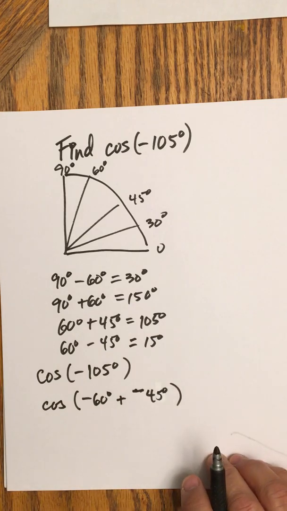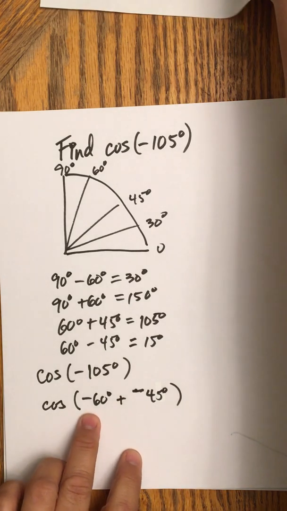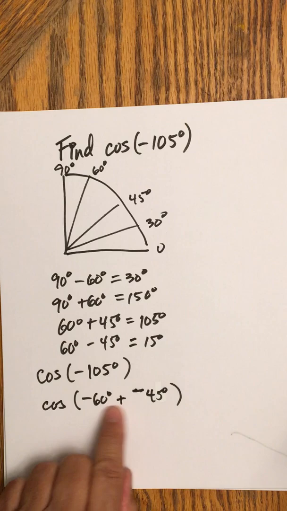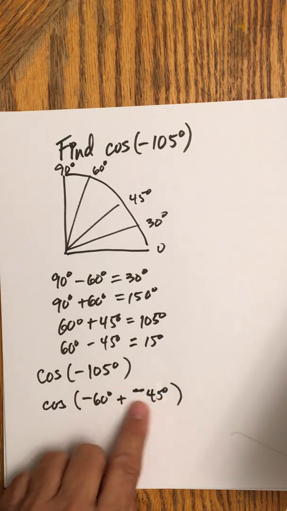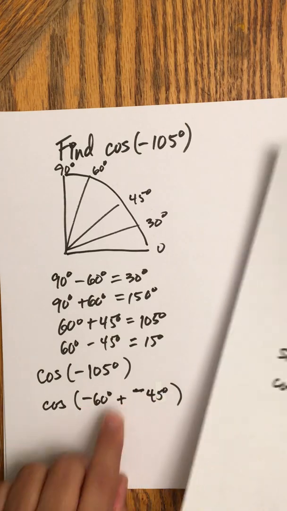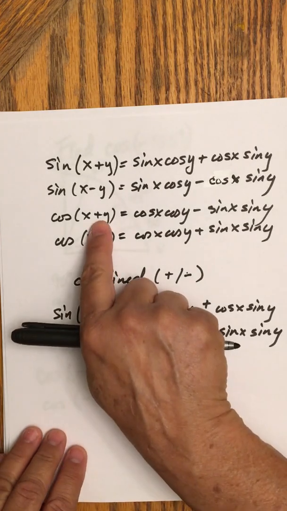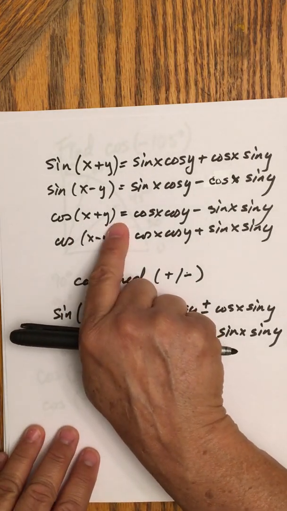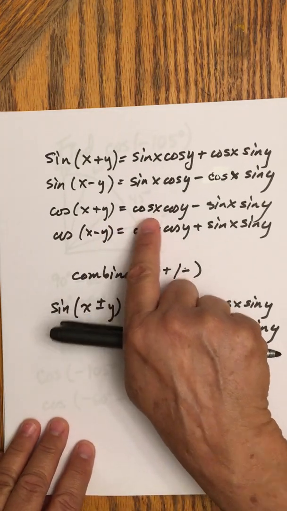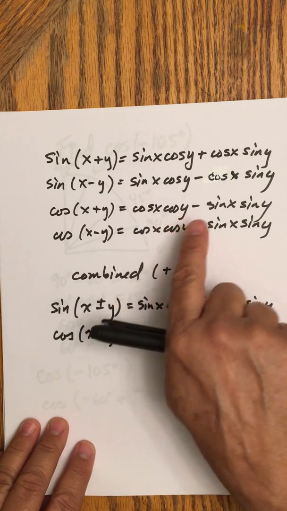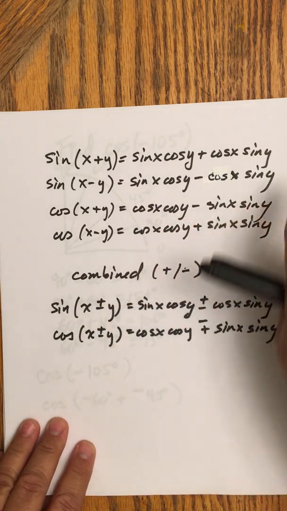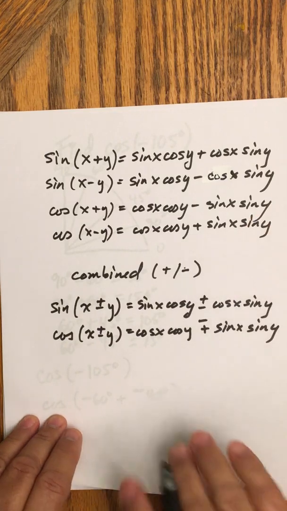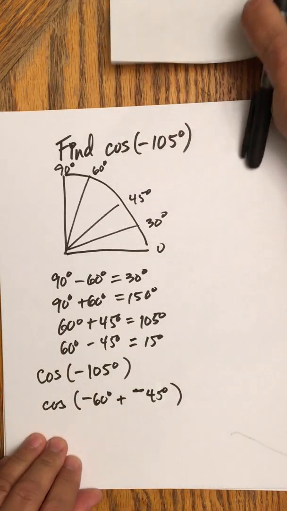All right, so now I apply the formula. And basically when I'm adding two angles, it doesn't matter that the angles are negative, I'm adding them. And the formula says, when I'm adding angles in a cosine, I do cosine of the first angle times cosine of the second angle minus sine of the first angle times sine of the second angle. So I'm going to follow that formula.